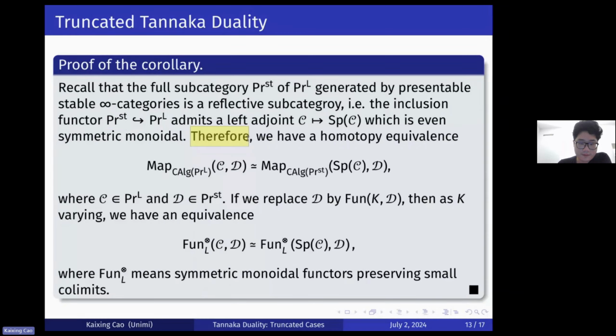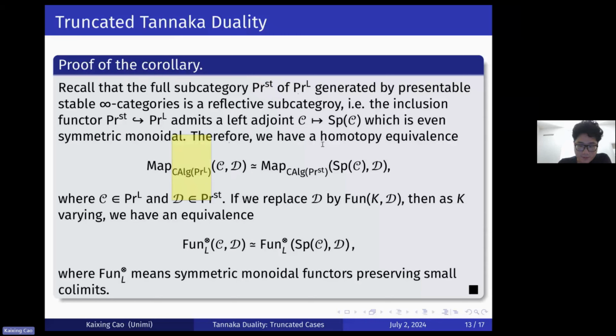Therefore, we know these two have symmetric monoidal structures. One can prove that if the underlying infinity categories between them admit some adjunctions, then we can promote this to the commutative algebras, which gives the tensor values on the objects.